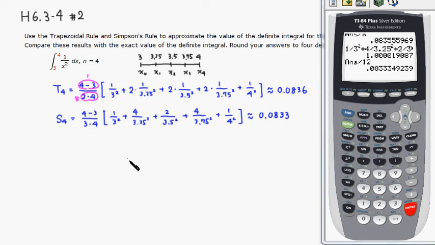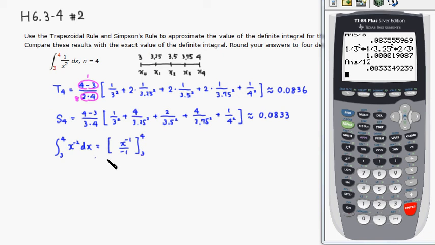So let's find the actual value. We just have to evaluate it using the fundamental theorem of calculus. The integral from 3 to 4 of x to the negative 2 power with respect to x. Find the antiderivative of that: add 1 to the power, so it's x to the negative 1 over negative 1, going from 3 to 4.